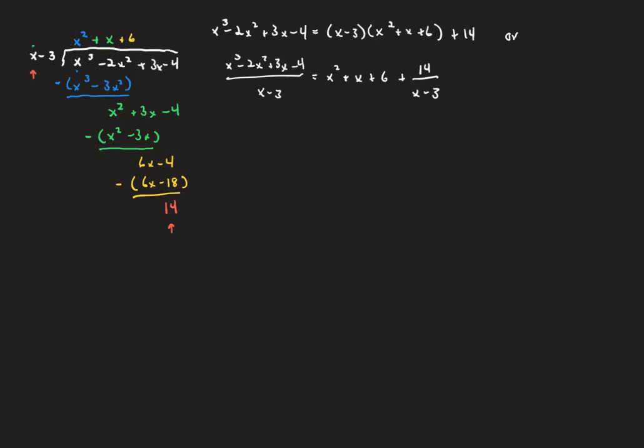Now, one thing I want to point out right here, and we're going to call this the remainder theorem. When you look at this version of our polynomial, if I call this p of x on the left, what we have here on the right is exactly equal to that. We have equality.